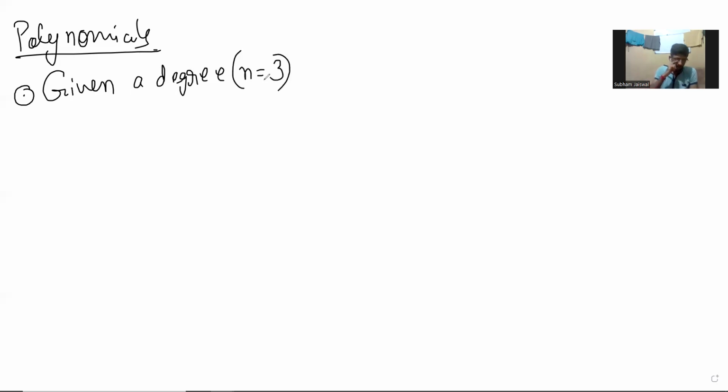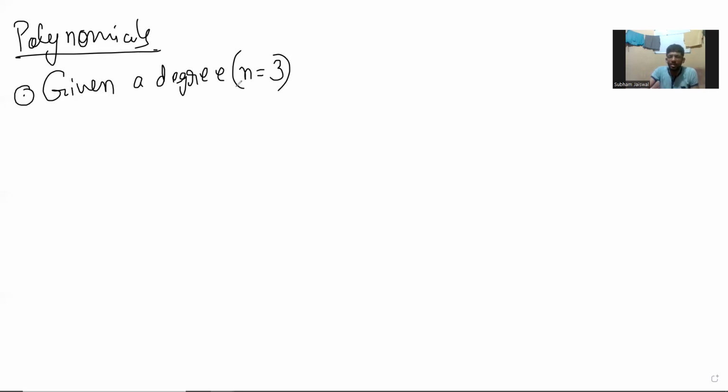Not going into degree 2 because that is quadratics, and it's a very standard topic which you would find in your school topics and so on, which we'll also do. But I don't want to put that polynomials. Let's try to see how the theory can be useful in degree 3 and so on. It's not specific to quadratics, is what I said. We already did some quadratic stuff last time.